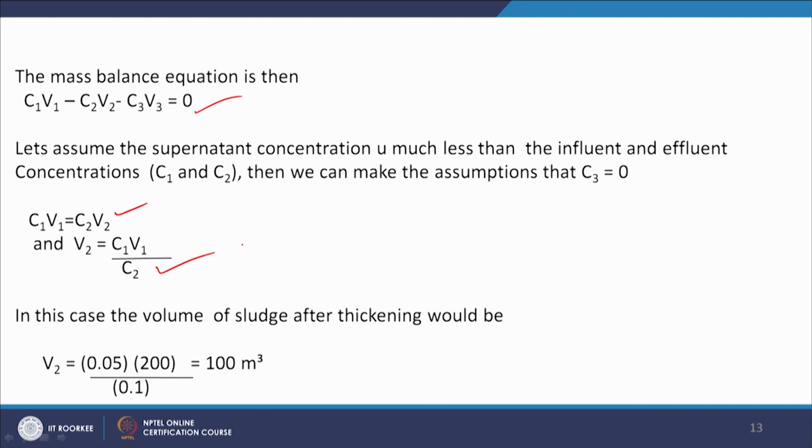Now we put in the values: V1 is 200, C1 is 0.05 and C2 is 10%, so 0.1. So, V2 will be 100 meter cube. We are able to solve the problem with the assumption that C3 will be 0. So, up to this in this class, thank you for your patience.